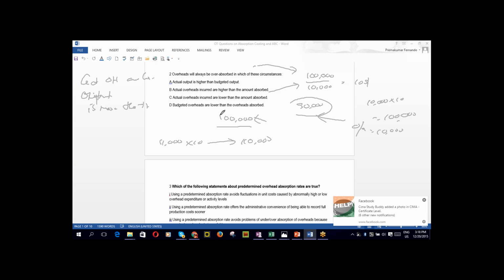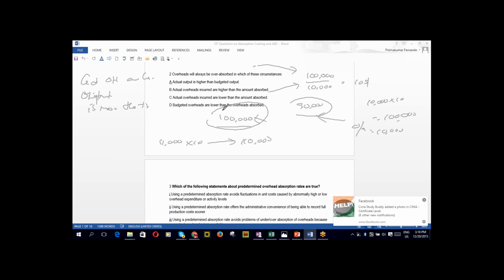But our actual overheads are only 100,000. So we have over absorption of 10,000. Because we have spent only 100, but to our products, because we produced more, we are absorbing 110,000, much more than we incurred.